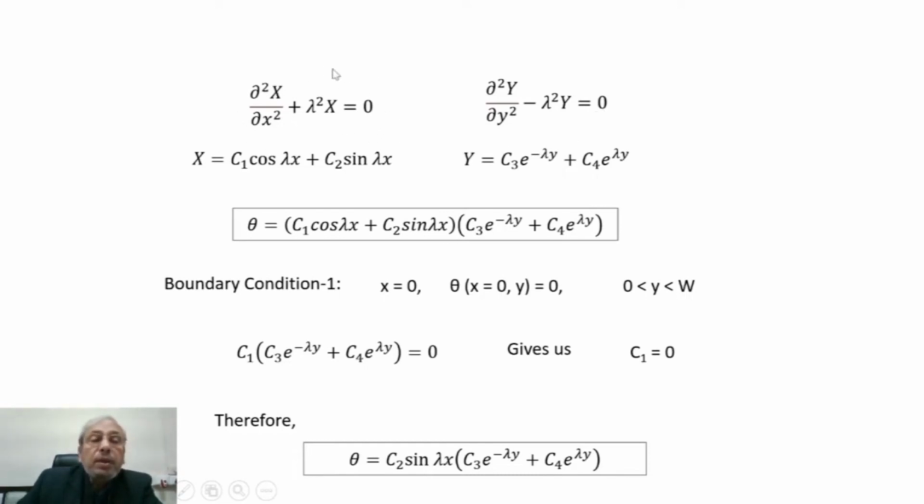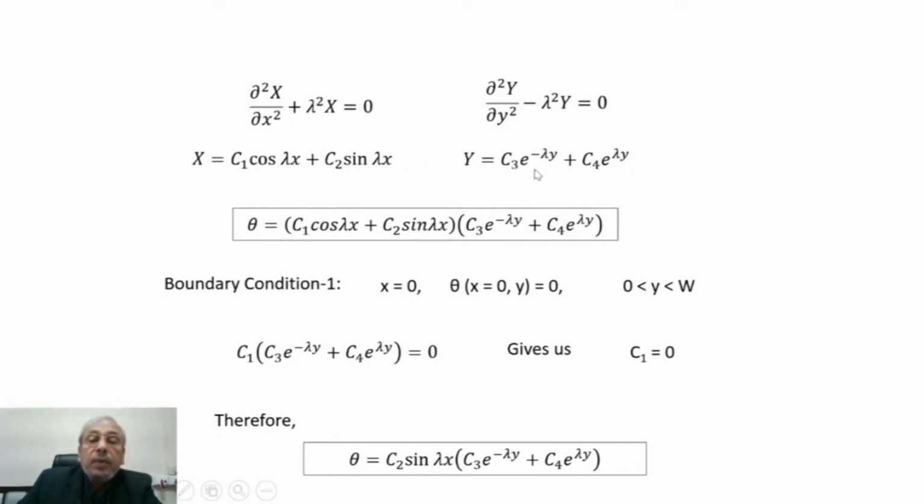Now the solution of the x part is given by X equal to c1 cos lambda x plus c2 sin lambda x, and the solution of the y part is given by Y equal to c3 e to the power minus lambda y plus c4 e to the power plus lambda y.